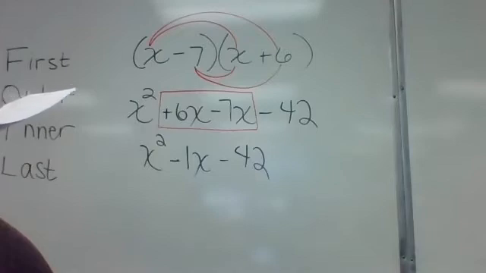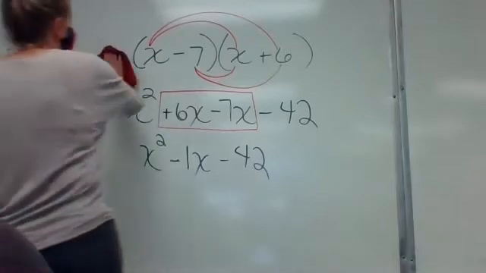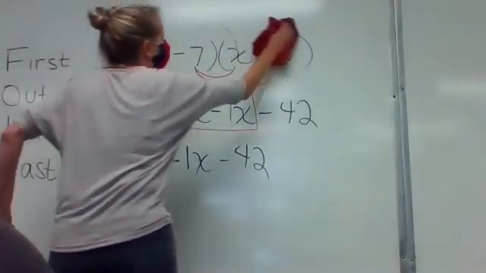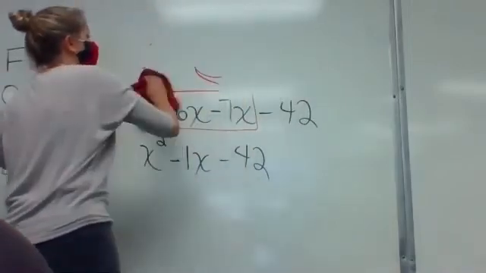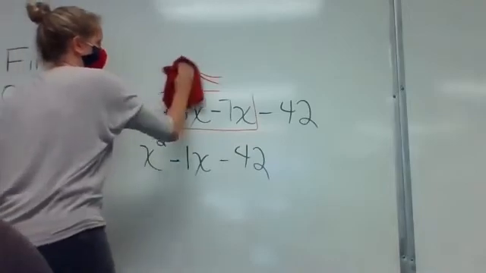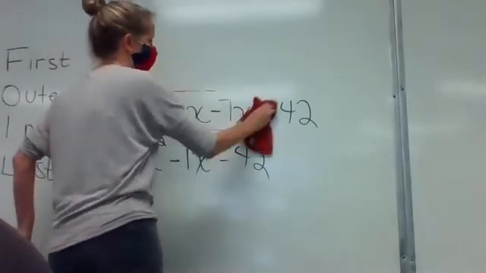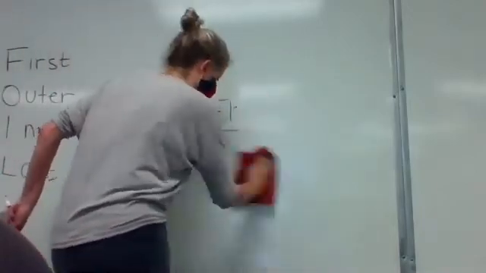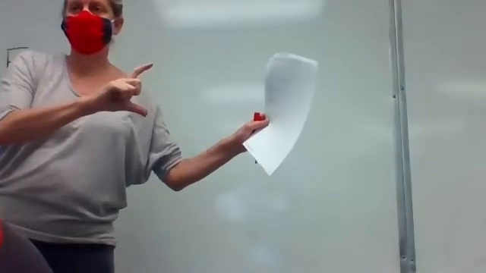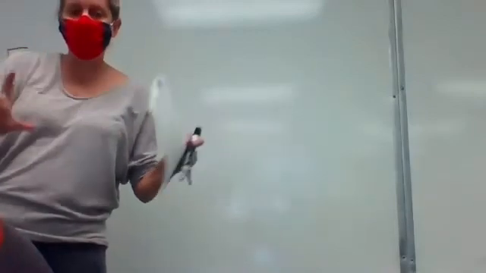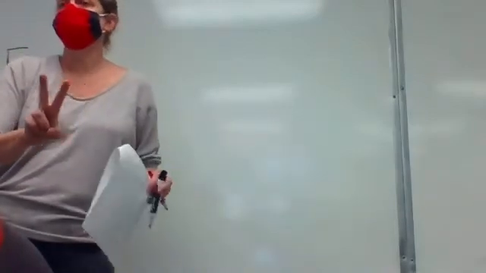All right, number 9. Again, these last two problems are still just more FOIL. These are both going to still be FOIL: first, outer, inner, last. And the way you know that it's FOIL is because you have 2 parentheses, and in both parentheses, you have 2 terms.